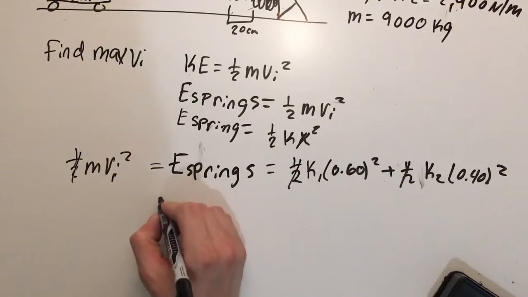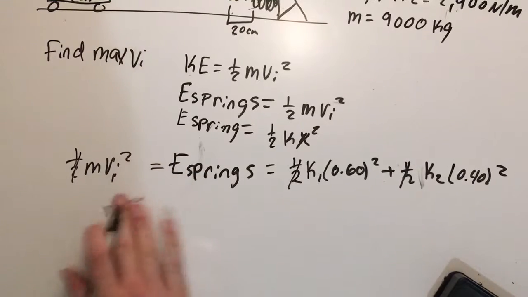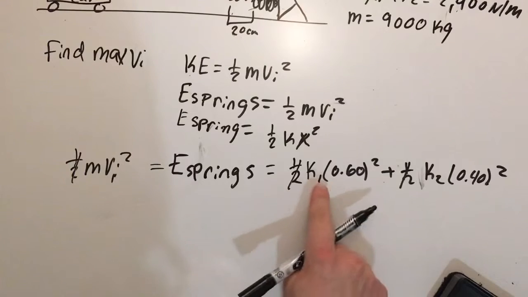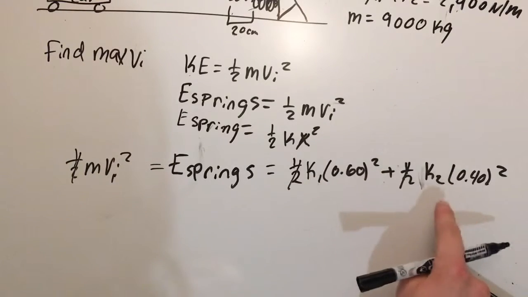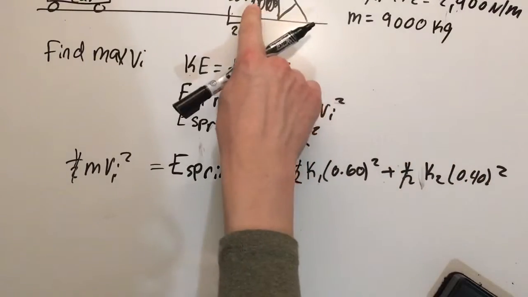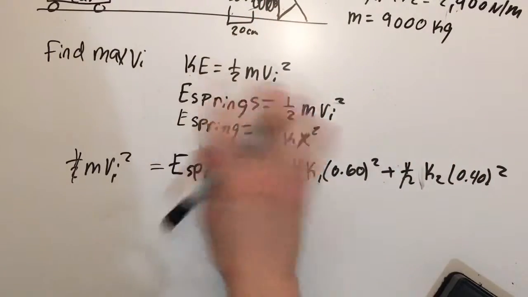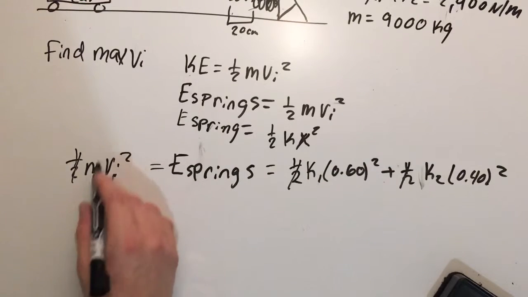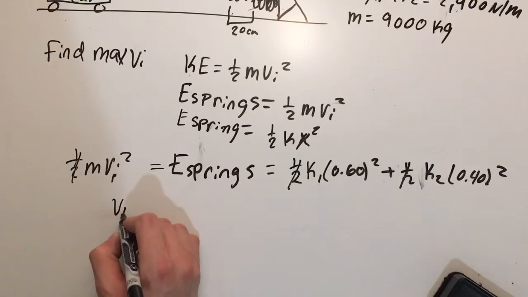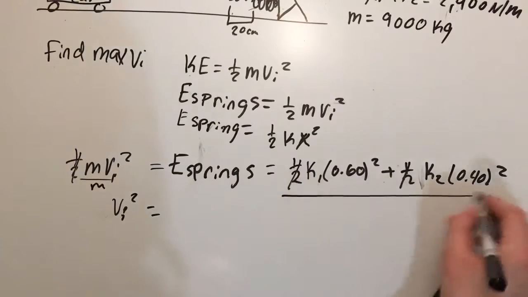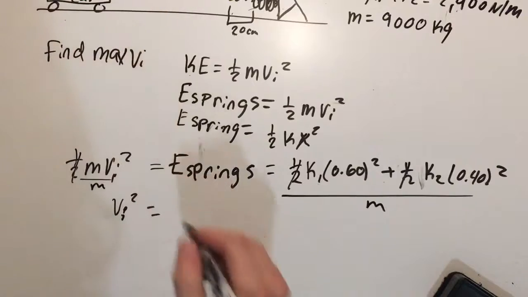Now, doing this, we just have m vi squared equals k1 times its displacement squared plus k2 times its displacement squared. We're summing these total changes in energy of the springs, the total potential energy. Now, if I want to find vi squared, which is what we're solving for, I can just divide each side by the mass of the train car.